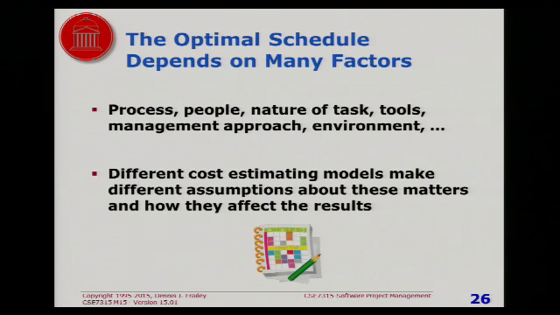And it would be specific to your organization, the way your process, your people, the nature of the kind of work that you do, and so forth. And that's the best way to get a really accurate estimating process. If you don't have that amount of data, then all you can do is use somebody else's data and hope that it's reasonably similar to yours. But that's all you can do.